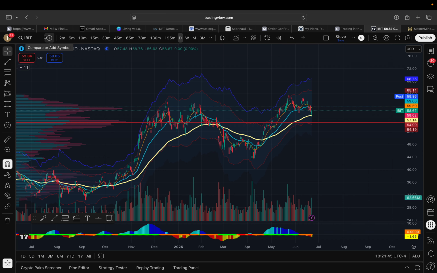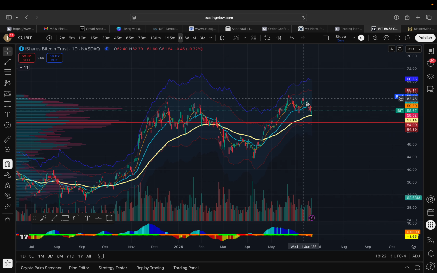Okay, what I have in front of me right now is the IBIT chart, the IBIT Bitcoin ETF, and today is Monday, June 23rd, 2025. The reason I found this chart is because I saw the symmetry in it just by looking at the chart.